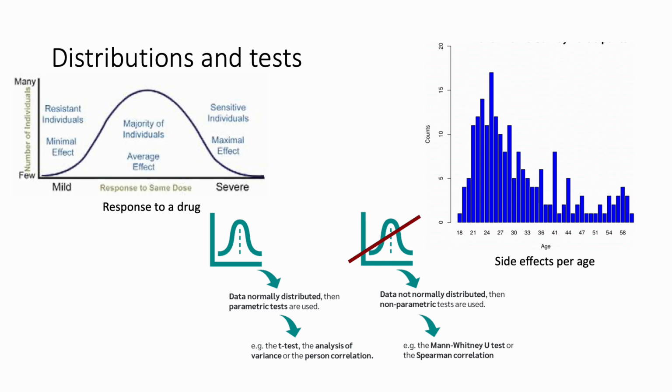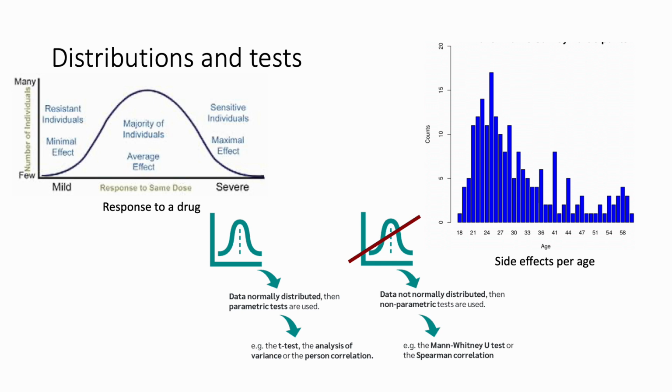We looked into the average effect of the drug, where we had the majority of individuals, and we also had the maximal effect where we had sensitive individuals. So here we see that the majority of individuals, following the bell-shaped curve for the distribution of the responses, is normal. So this is a normal distribution.